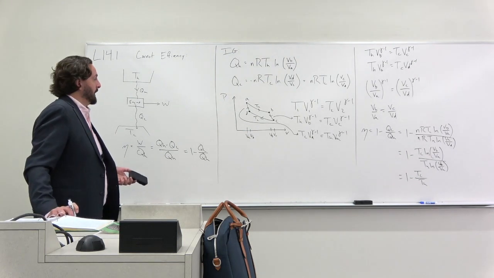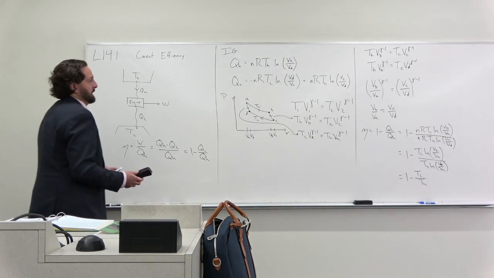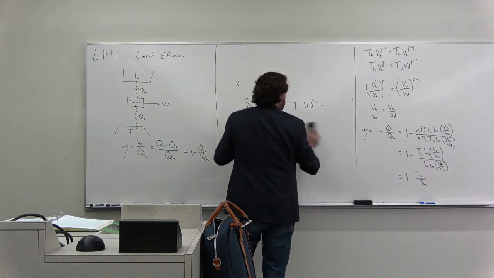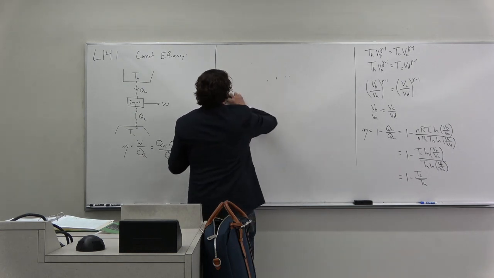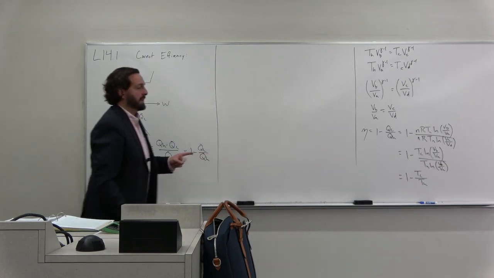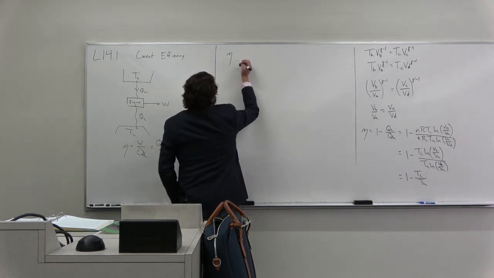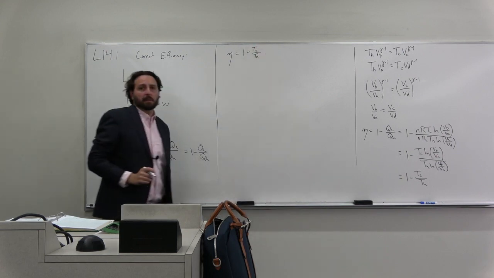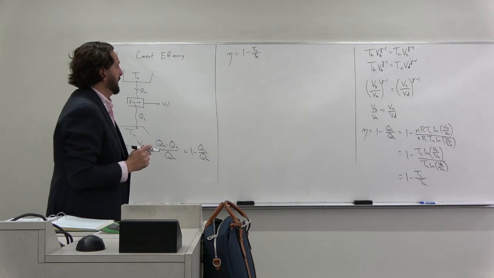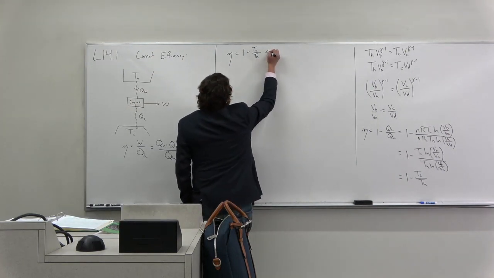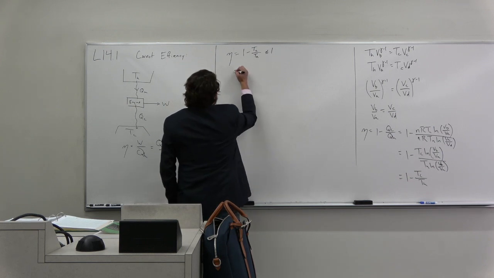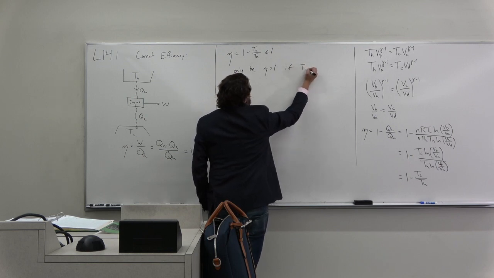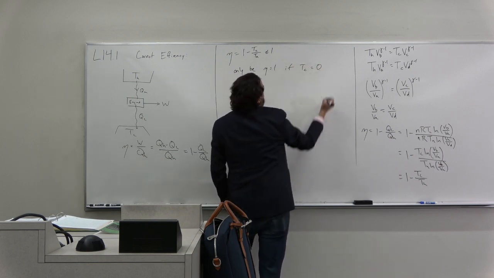All right, now a couple of points on this. One, this eta, 1 minus T_C over T_H. What are my units of temperature? Well, they're in Kelvin. So we said that this was always less than or equal to 1, and it could only be eta equals 1 if T_C was equal to 0.